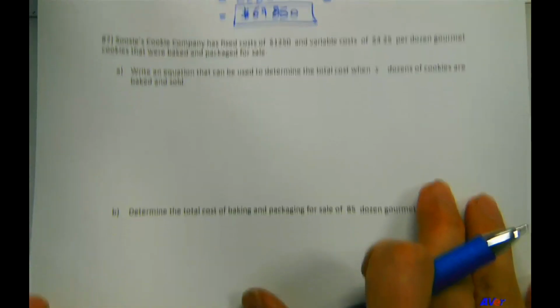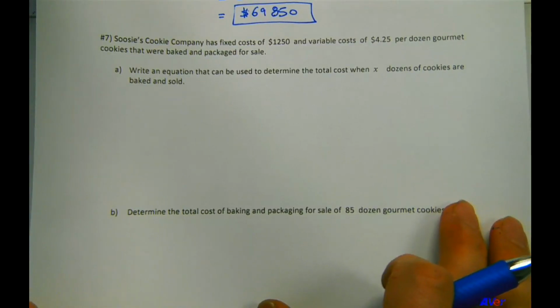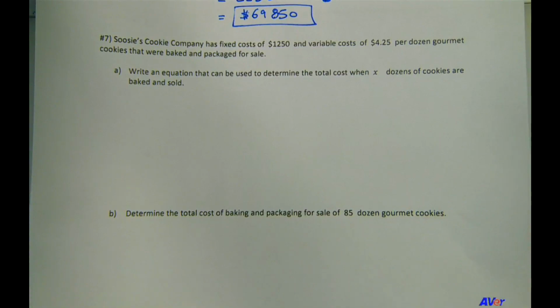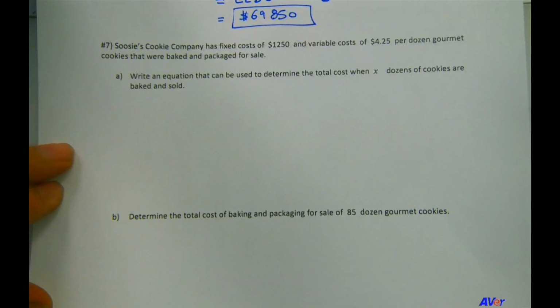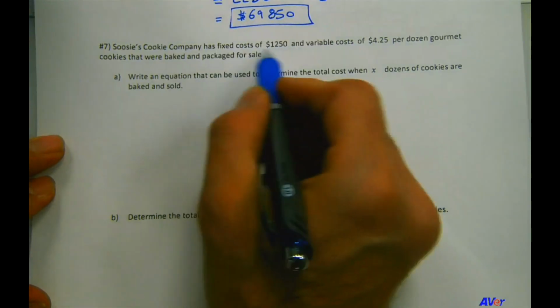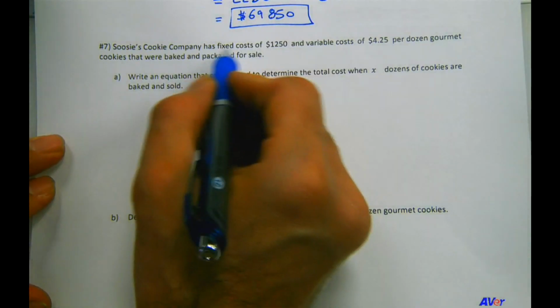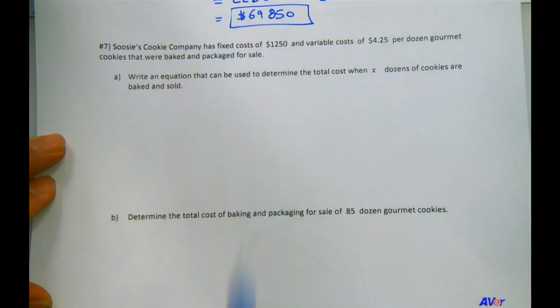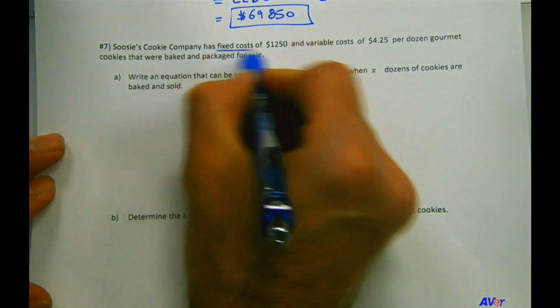The next problem, number 7, please make sure that you pause the video, solve this on your own, and then come back to the video. So it says Susie's Cookie Company has fixed costs of, they already called it fixed cost. In the previous problem, they didn't call it fixed cost, right? But now they call it fixed cost right away.